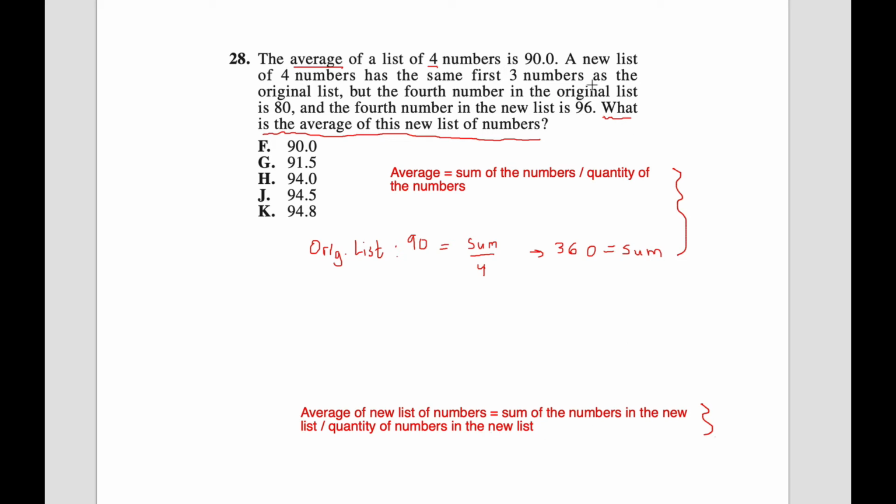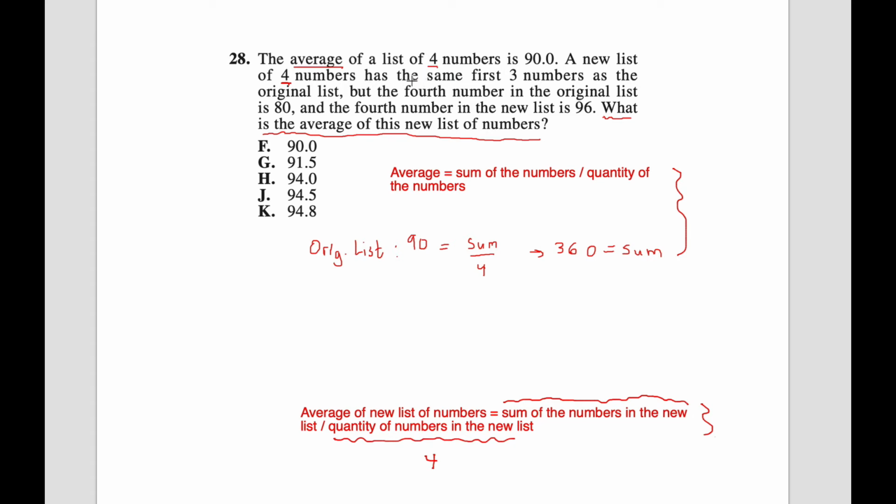Well, going back to the question, we're told that a new list of four numbers, so this new list has four numbers as well, so this quantity right here is going to just still be 4. And now the only thing left to find is the sum of the numbers in the new list. Well, we already know that the new list is going to have the same first three numbers as the original list. We don't know what those numbers are, but we know that they're going to be the same.